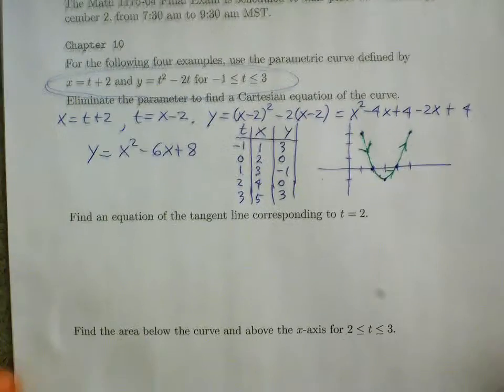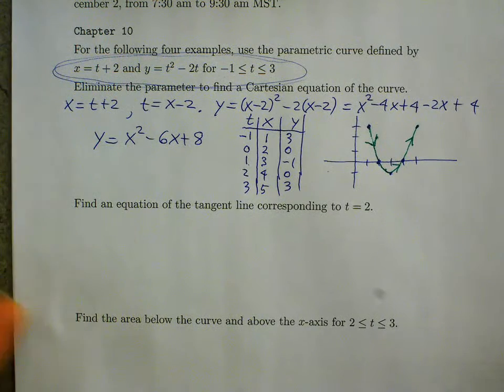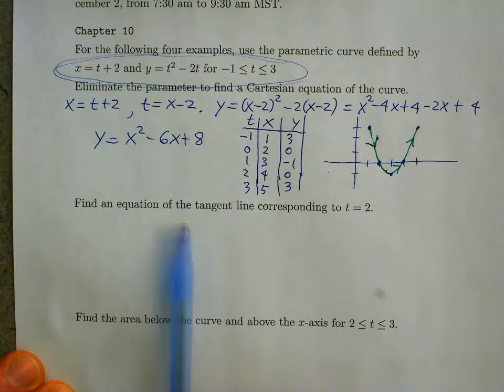Okay, the next part: find an equation of the tangent line corresponding to t equals 2. So in order to find an equation for a tangent line, we need to know what the slope of that line is and what a point on that line is.